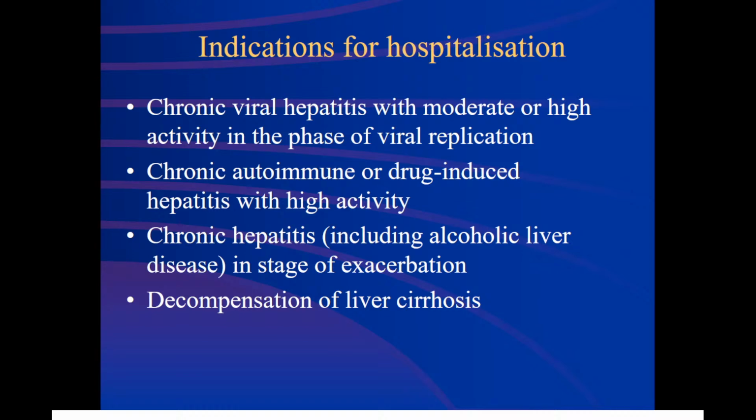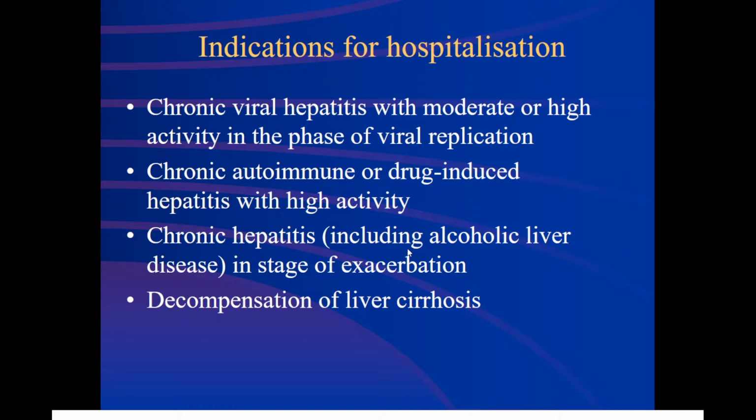So in these cases, it is better to hospitalize patients. First of all, patients with viral hepatitis, autoimmune hepatitis, primary biliary cholangitis and other diseases, and also you shouldn't think that benign liver disease like alcoholic liver disease and fatty liver disease is always absolutely benign. If exacerbation, you have to hospitalize the patient.